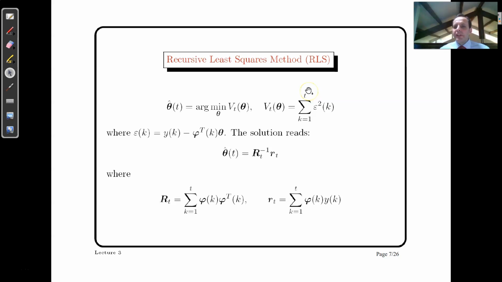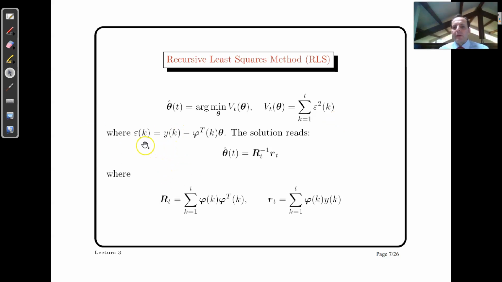So let's just recall the classical least square. The solution given by the classical least square is obtained by minimizing this cost function, and as you remember, the cost function was computed as the summation of all the squared errors. That's why we call it least square, because it's a sum of squares.